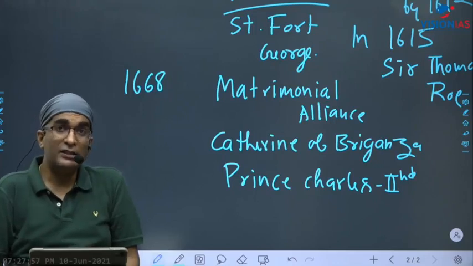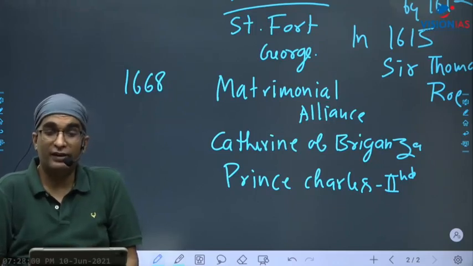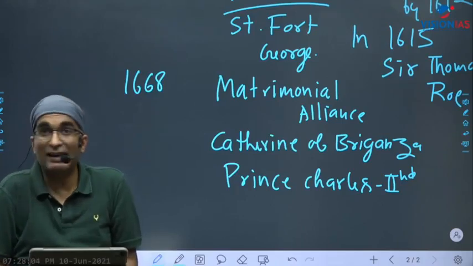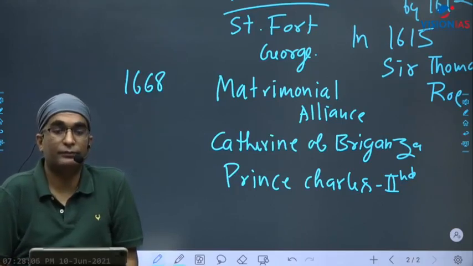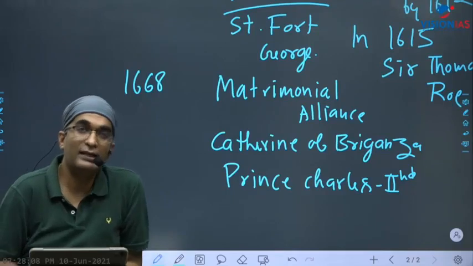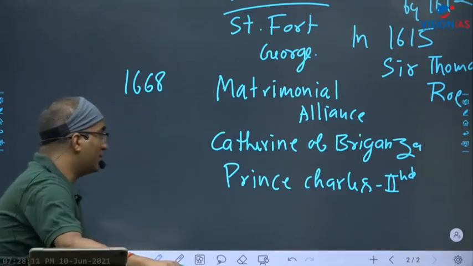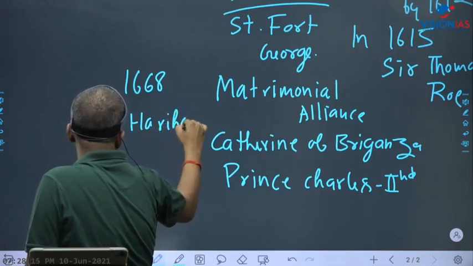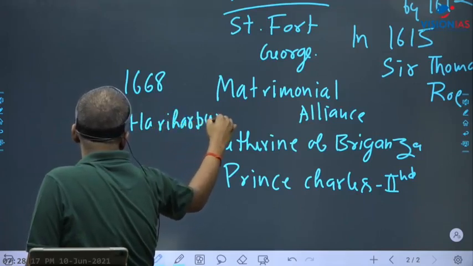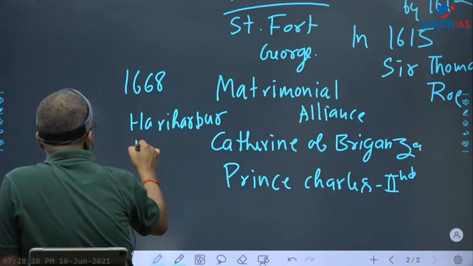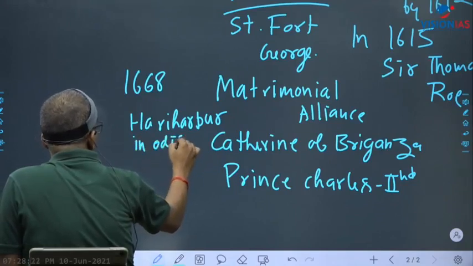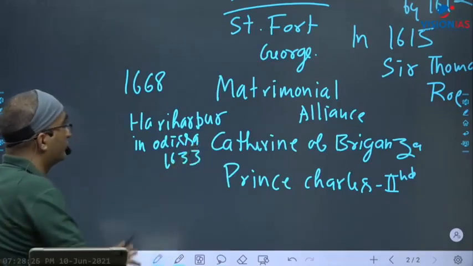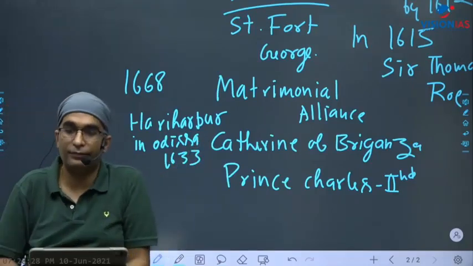They entered the eastern part of India relatively late, that is, Hariharpur in Odisha, in 1633.